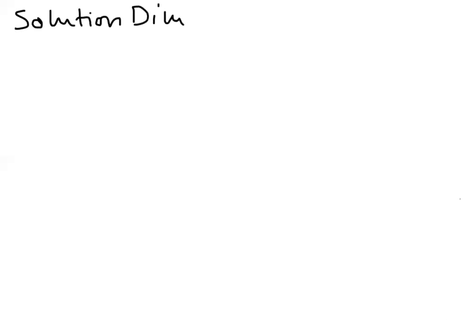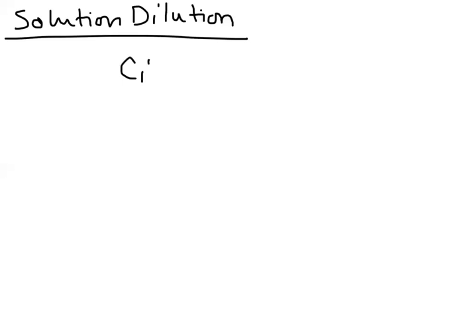Making something less concentrated. And how would you make something less concentrated? Add solvent. Yes, exactly. You decrease the solute concentration by adding solvent. That is dilution. So our formula for solution dilution is C1V1 equals C2V2.